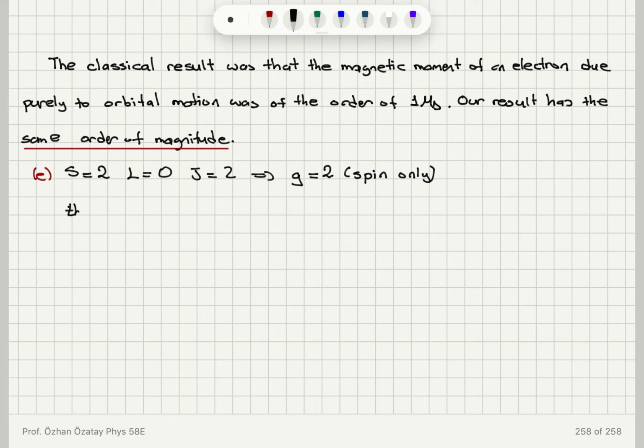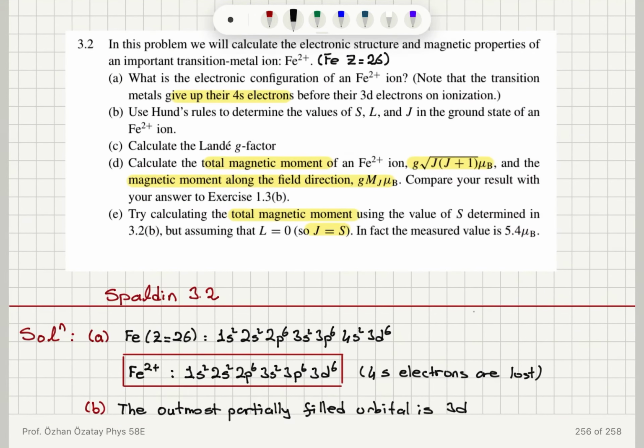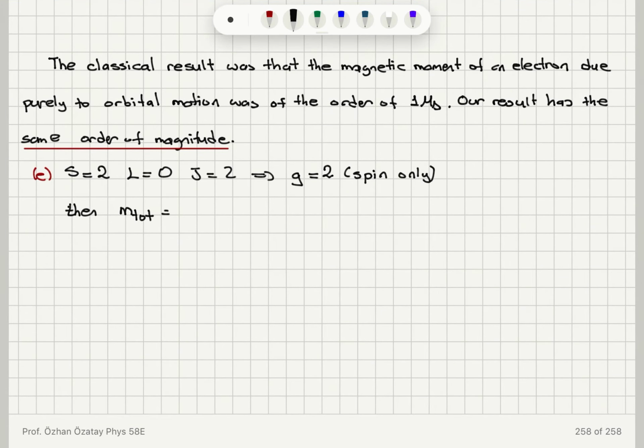Then, for the total magnetic moment for the iron 2+ ion, it's going to be g square root of J(J+1) Bohr magnetons.